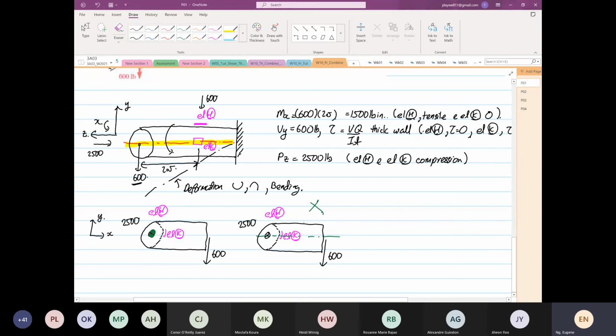Because if you use this neutral axis down here, now during deformation, what do you see? You see your structure deform this way, which is wrong. If you consider that axis, yeah, it deformed that way, but that's not the axis of interest.